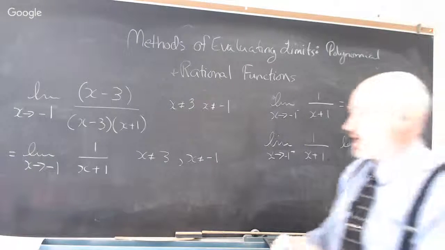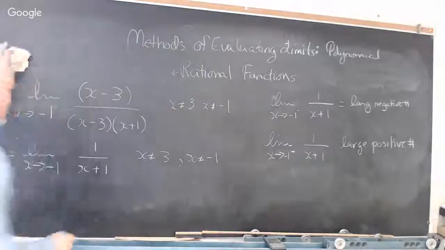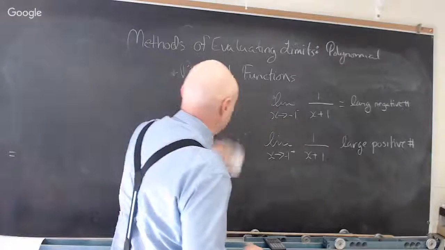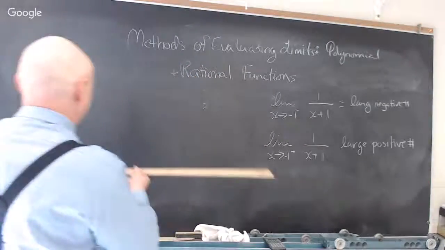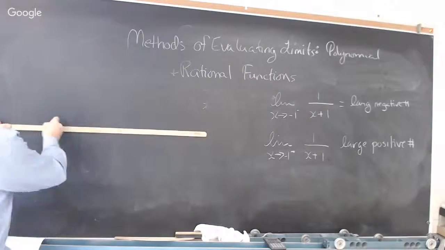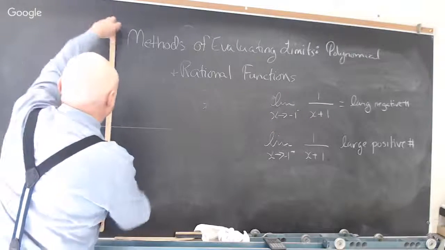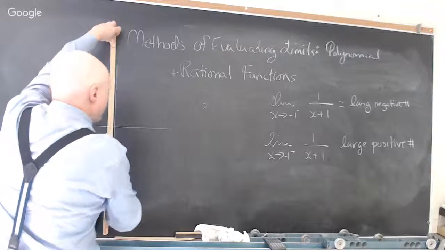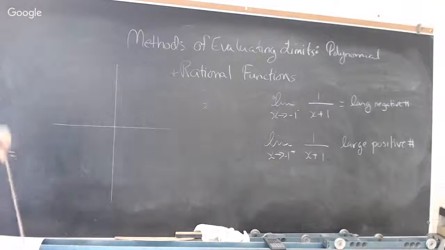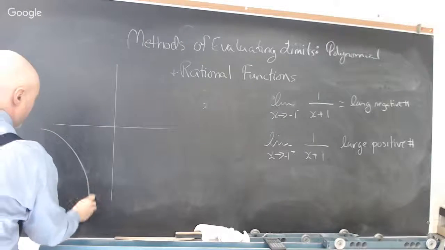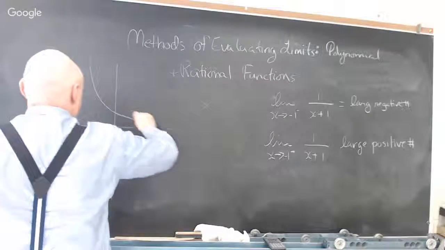And of course, that is not a surprise because we know that the simplified version of this function is really just one of those rectangular hyperbolas. Okay, so it looks kind of like that.